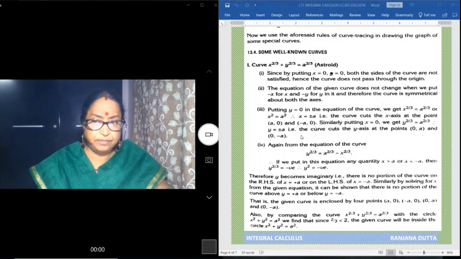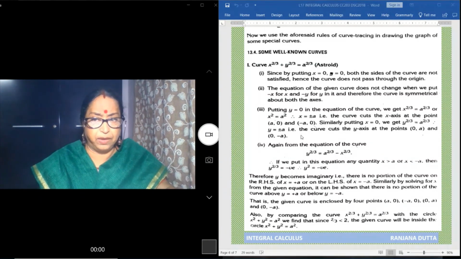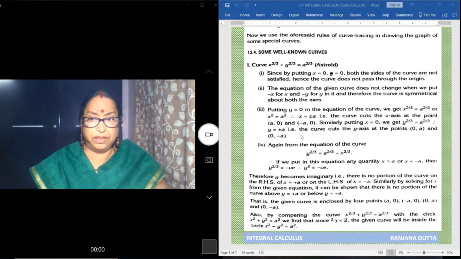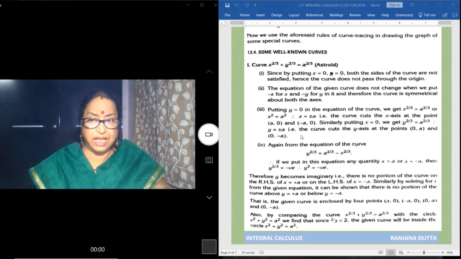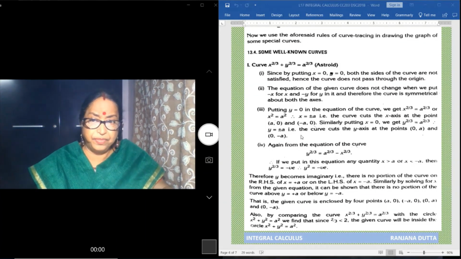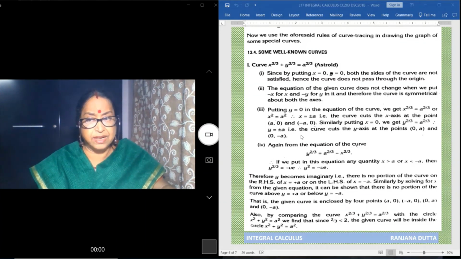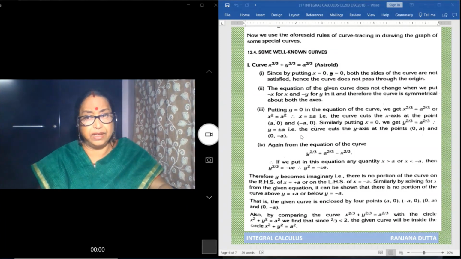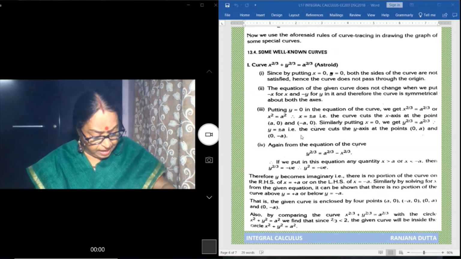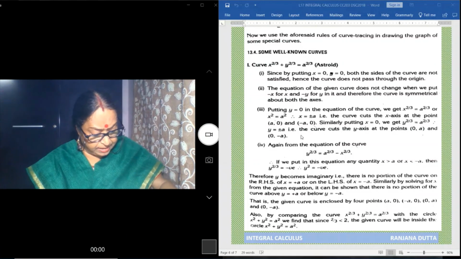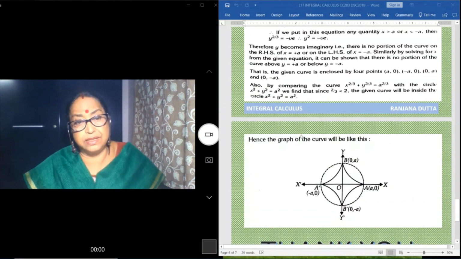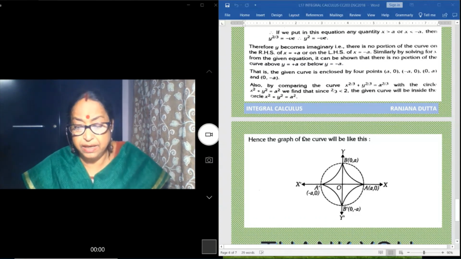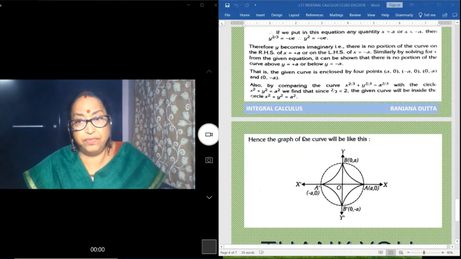Here the power of x is 2 by 3 and the power of y is 2 by 3, which is less than 2. So this can be inscribed in a circle, so that combining all these we can plot the graph as you can see on the screen.